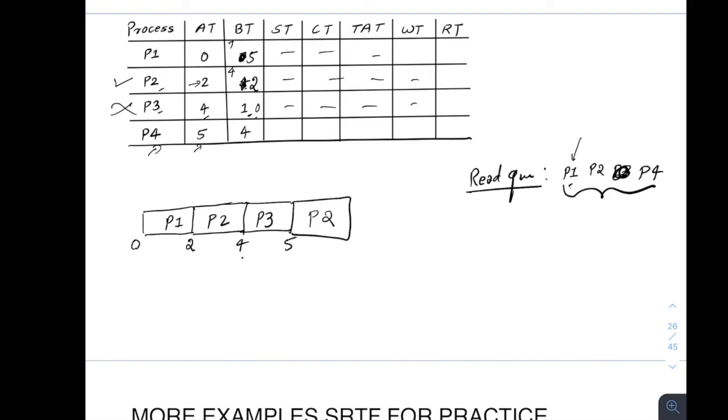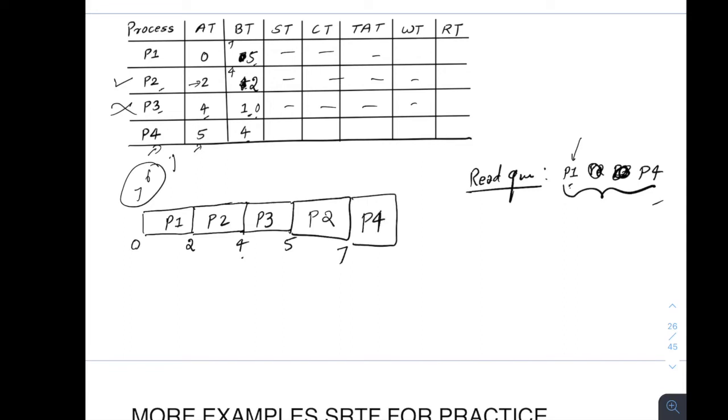All the processes are already in the ready queue or have terminated, so you need not check for anything arriving at time 6 or 7. Give all the time from 5 to 7 to P2. P2 is over. Now you have P1 and P4, 5 and 4. Of course you will give it to P4.